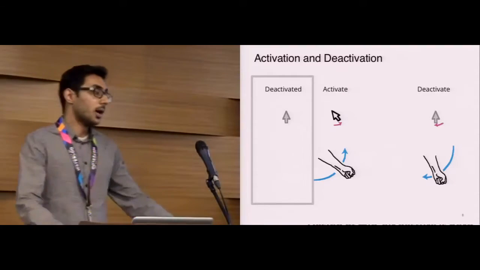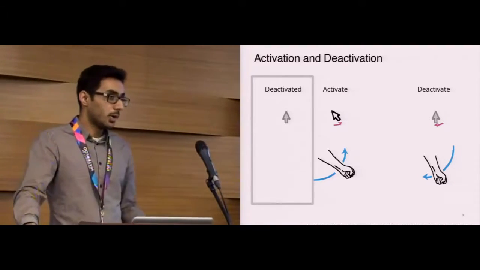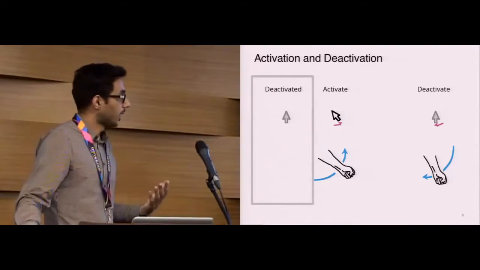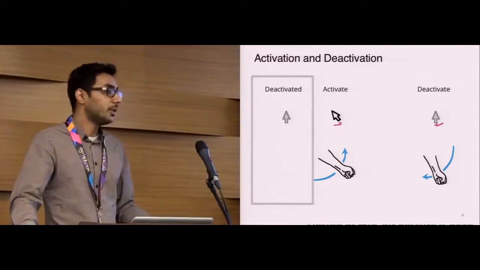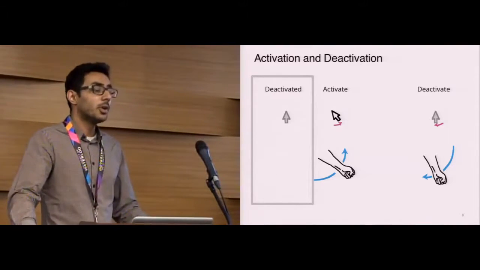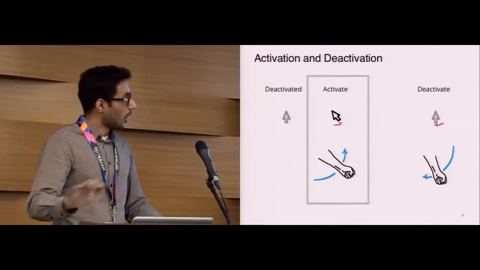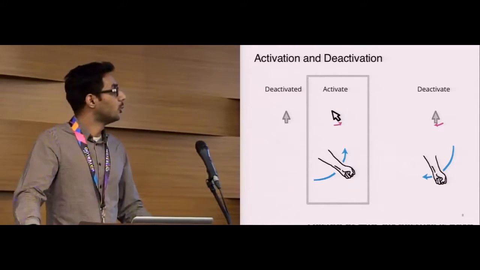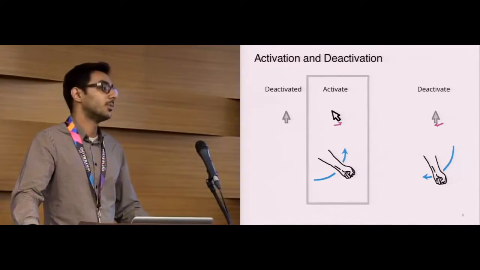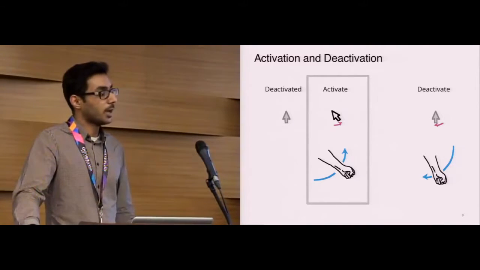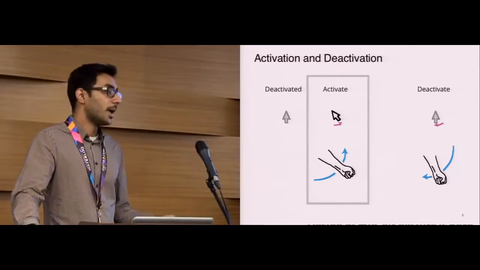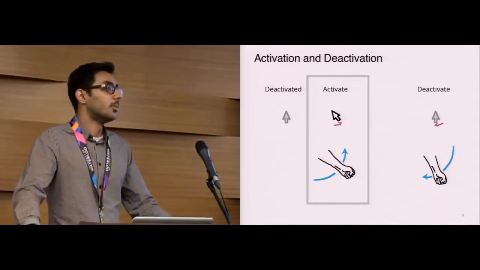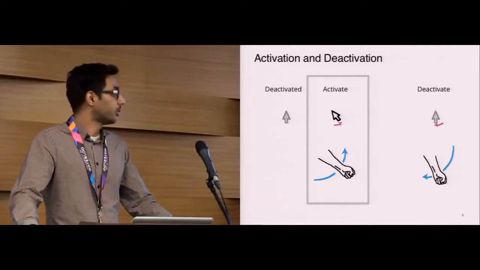Okay, so Myopoint is not active all the time. Of course, that would be pretty bad. So you have to activate it, and then you can deactivate it as well. So in its deactive state, the cursor is grayed out, and then to activate, you perform a clutch, but you perform it down by your side, and then you bring your arm up, and this lets you orient your arm to the cursor.